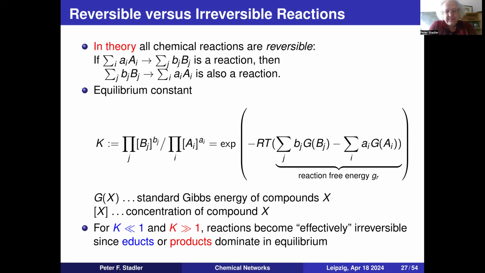So we may want in our reaction system all reactions or a subset of reactions to be operationally irreversible, in the sense that if the equilibrium constant under standard conditions is much smaller than 1 or much larger than 1, then effectively we get irreversible reactions where only the educts or only the products dominate once we come reasonably close to equilibrium.